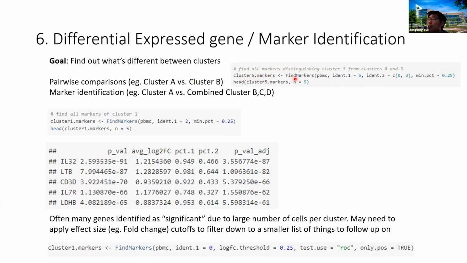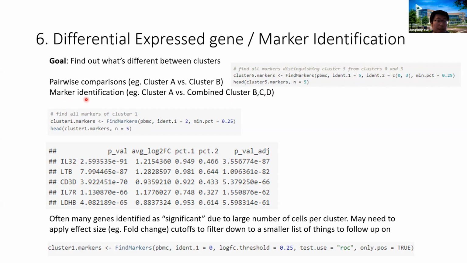For example, with this command, find markers, the identity to be compared is cluster 5, and the other clusters are cluster 0 and cluster 3. Here you also have the minimal percent of gene expression in each cluster, which means at least 25% of cells have this gene expressed in both of these 2 defined clusters.